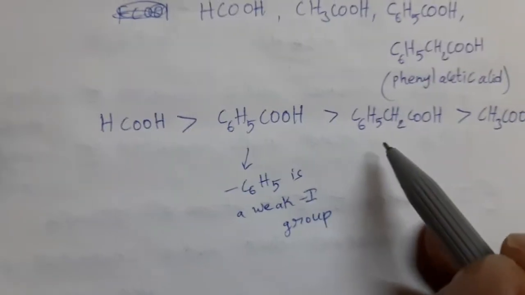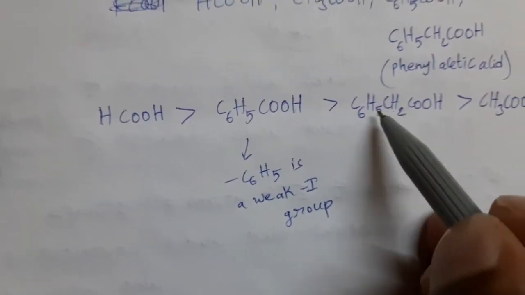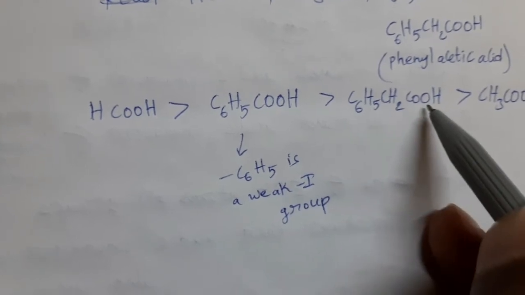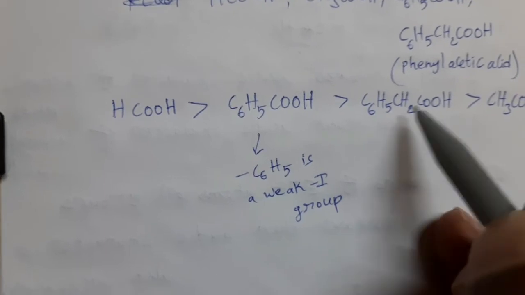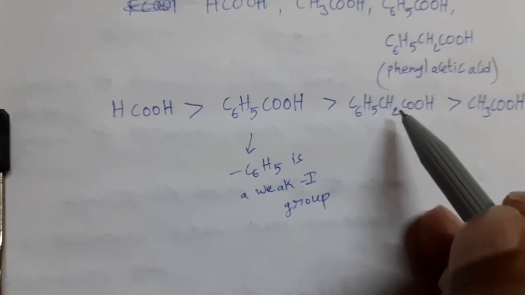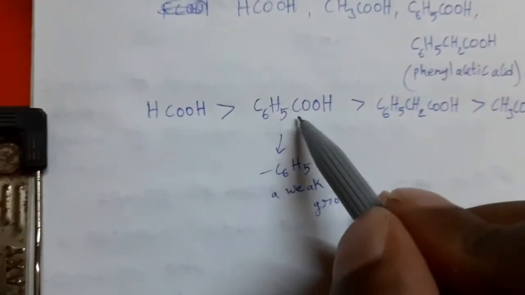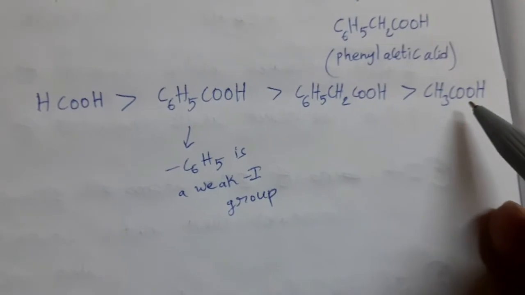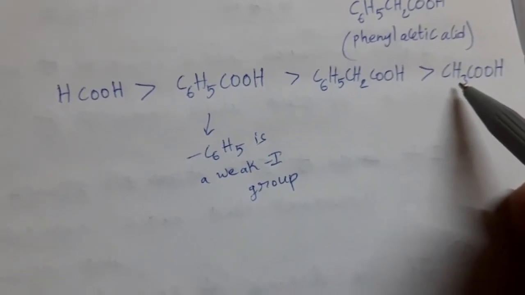Last one is CH3COOH. In phenyl acetic acid, C6H5 is a weak minus I group, but it is not attached to COOH directly. In between C6H5 and COOH, CH2 group is there. CH2 group is an electron donating group. So its acidic strength is less than these two compounds. And finally, in acetic acid, an alkyl group is there. CH3 is an electron donating group.